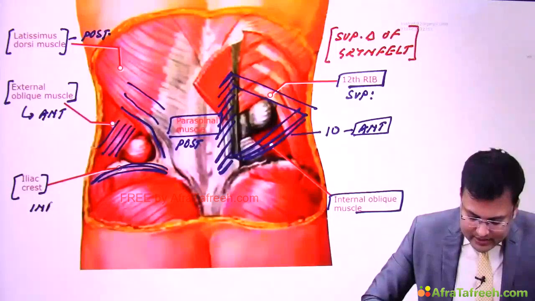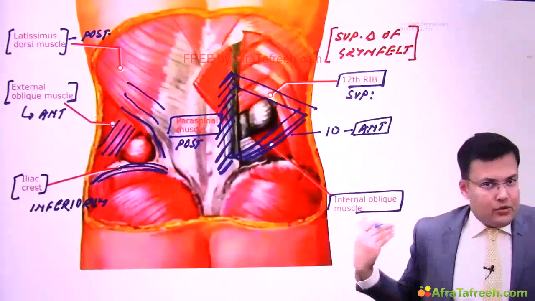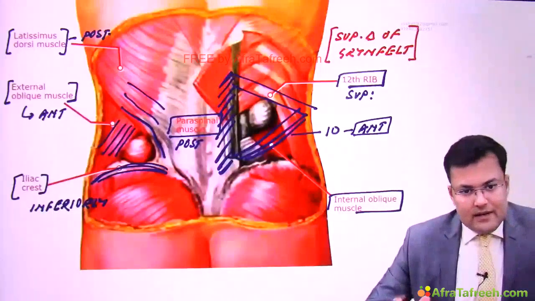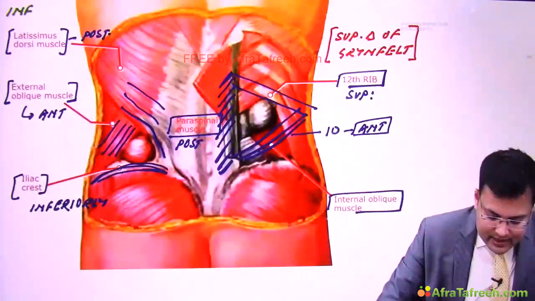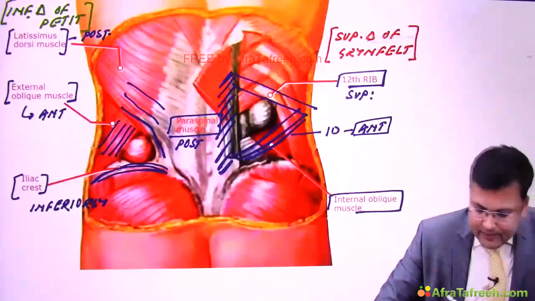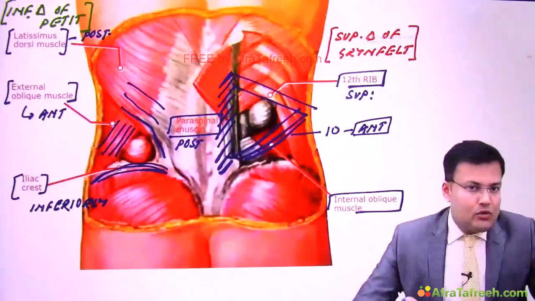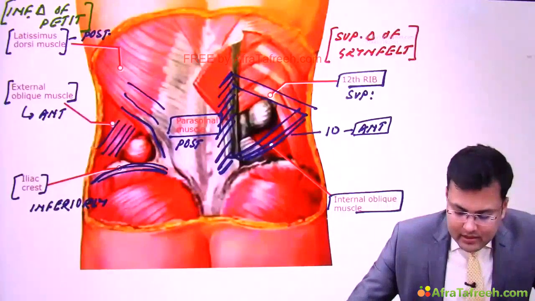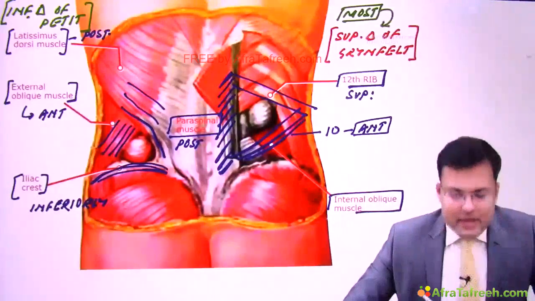So again, anteriorly external oblique, posteriorly latissimus dorsi, inferiorly iliac crest, and this is known as the inferior triangle of Petit. So, superior triangle of Grynfeltt, inferior triangle of Petit. Most lumbar hernias occur via the superior triangle of Grynfeltt.